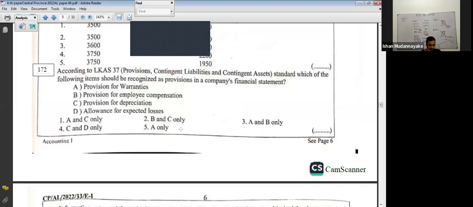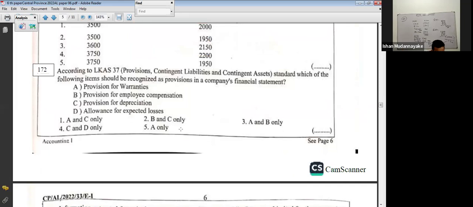According to LKAS 37, the provisions, contingent liabilities and contingent assets standard, which of the following items should be recognized as a provision in the company's financial statements? What's the answer for 172?